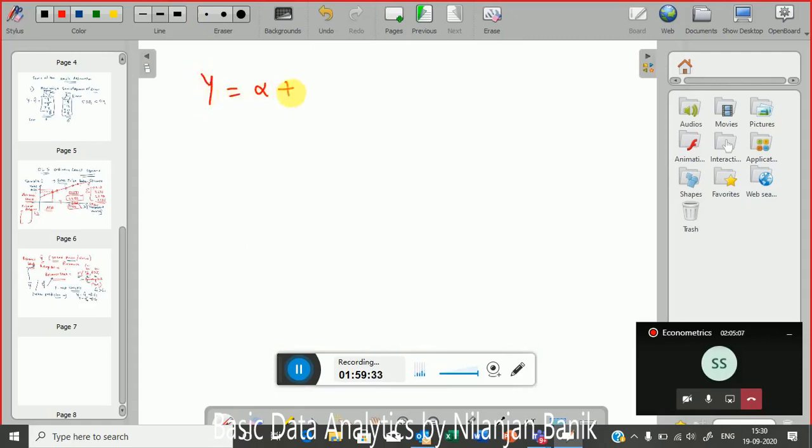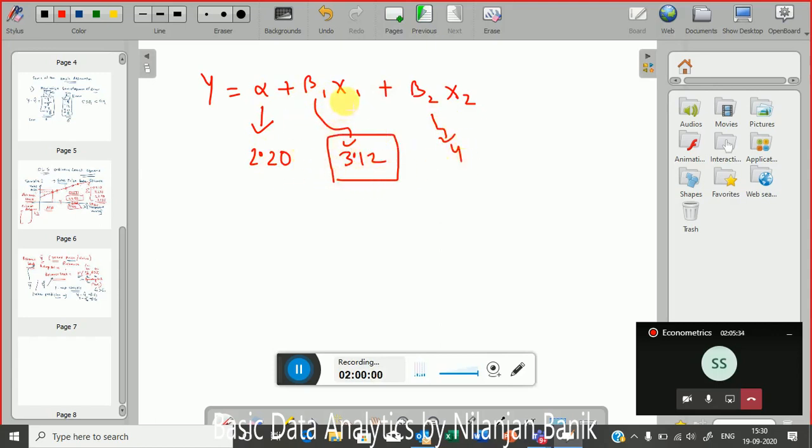Let's say that I have considered only two variables, beta 1 x1 plus beta 2 x2. Now I have run the regression, and what I've got is a value for this, I'm just giving an example, 2.20. For this I got 3.12, for this I got 4. In very simple terms, what does 3.12 mean? That if x increases by 1 unit, how much my y is going to increase.